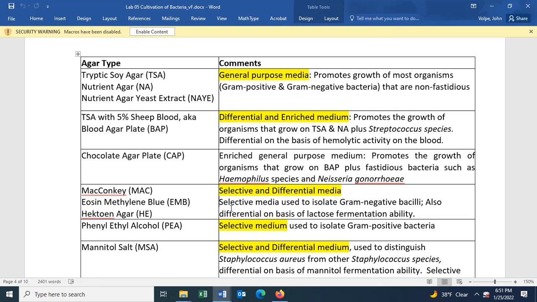And they're differential on their ability to show lactose fermentation, and they will have different colors if they ferment the sugar lactose. MacConkey's, if it ferments the sugar lactose, will be pink. Hektoen agar is a salmon color if it ferments the sugar lactose. And then EMB, I think it's greenish or blackish if it ferments the sugar lactose.